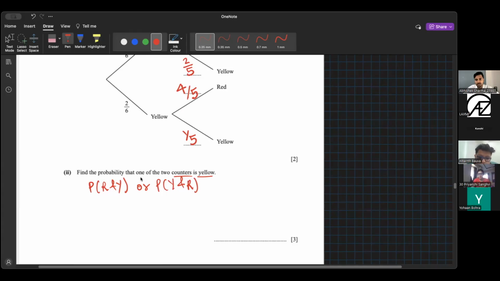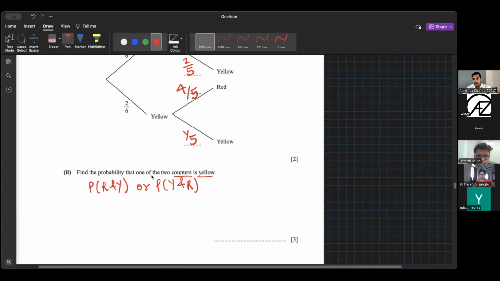It's not just one possibility. There can also be that there are 2 counters and both are yellow. At least one of them has to be yellow. They have not mentioned the at least condition. They have said find the probability that one of the 2 counters is yellow.